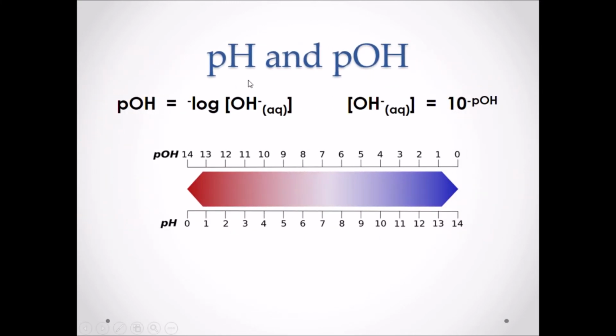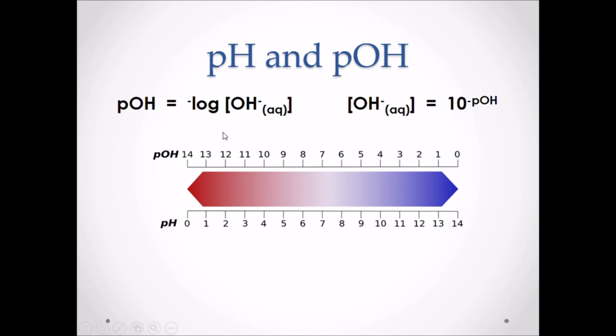Now let's take a look at the relationship between pH and pOH. First up, we have our two equations that involve pOH. Again, they are very similar to pH. pOH equals the negative log of the concentration of OH minus, while the concentration of OH minus is equal to 10 to the exponent negative pOH.